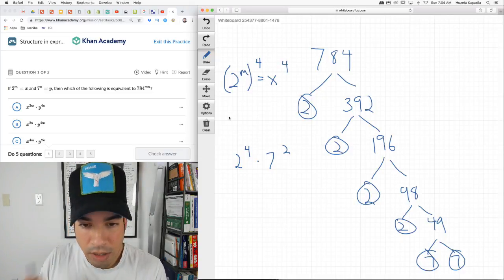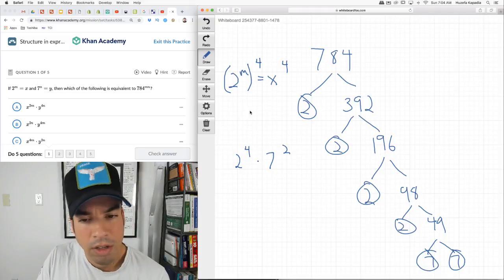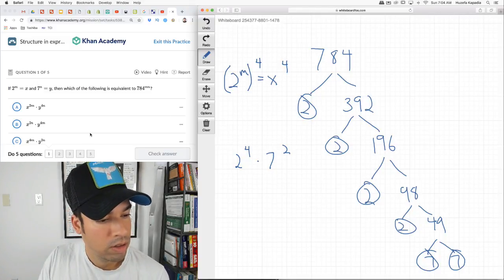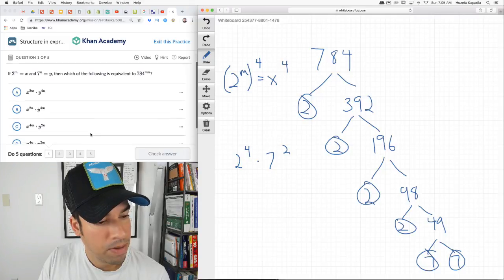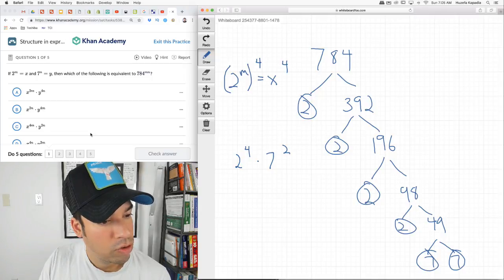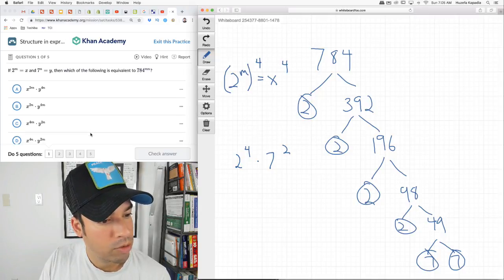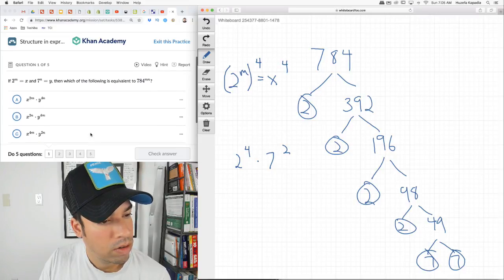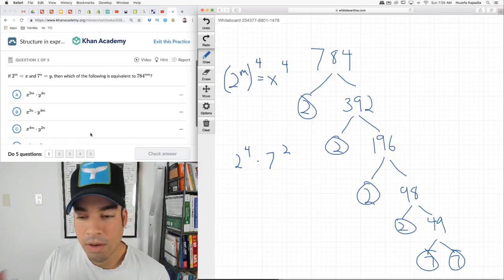Anyways, let me just keep going down this train of thought and see if this makes sense. So this becomes x to the 4m, which means that would be 2m to the 4m, which is, oh, now I'm confused here.